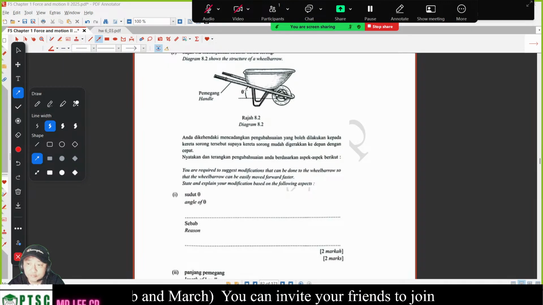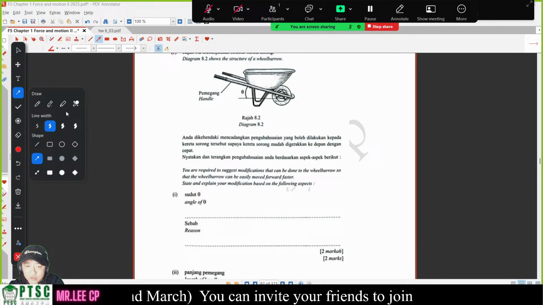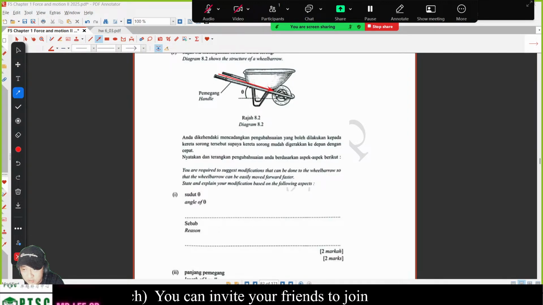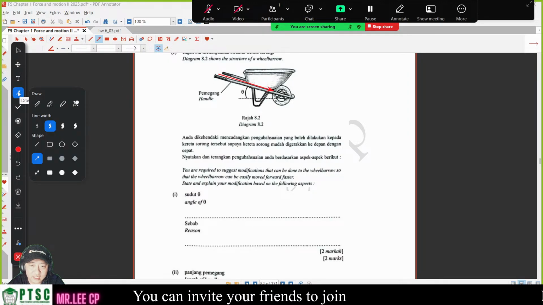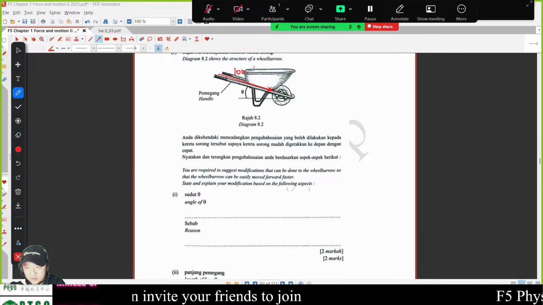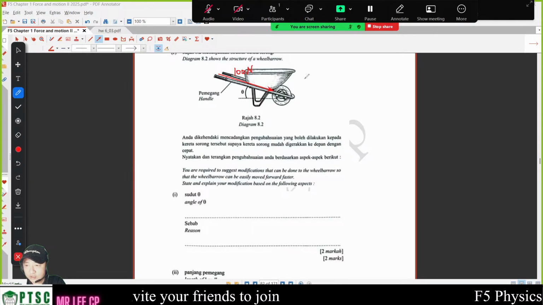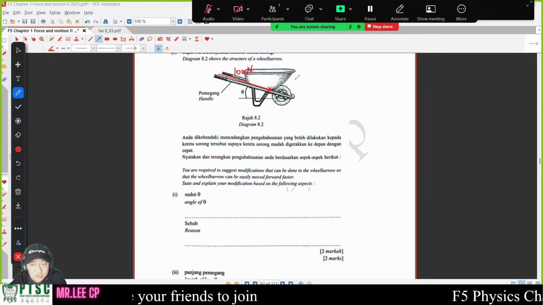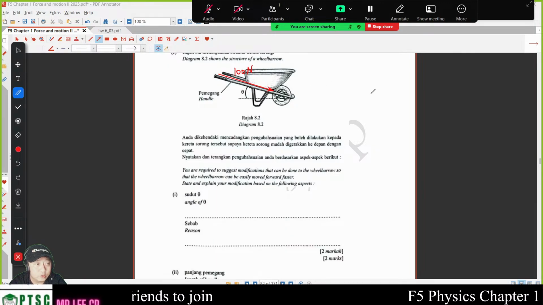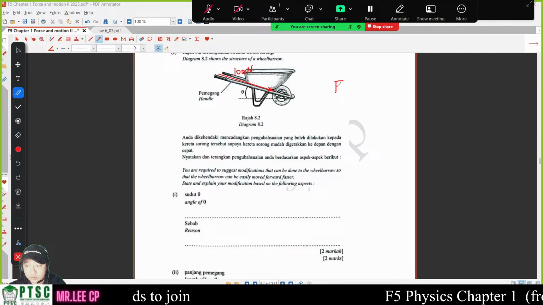The angle, if this one is 20, and let's say the force is 100 Newton. You push it with 100 Newton in this direction. So how much will you contribute to the right? What contributes to the right is Fx.